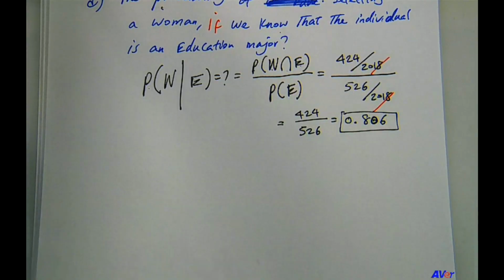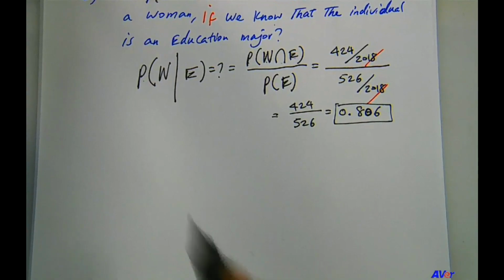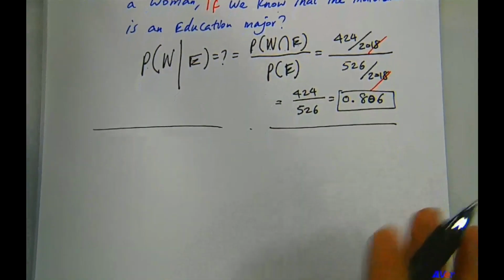So that's a conditional probability calculation using this kind of frequency table data. Let's ask another question.